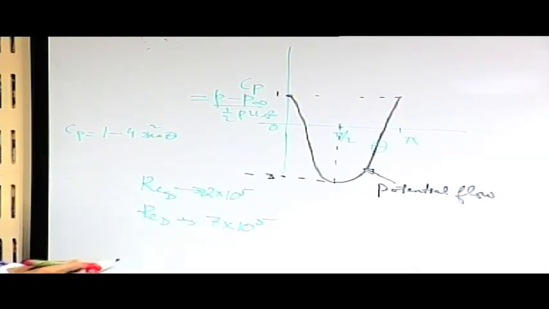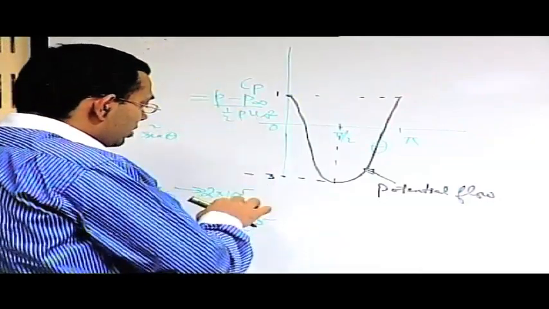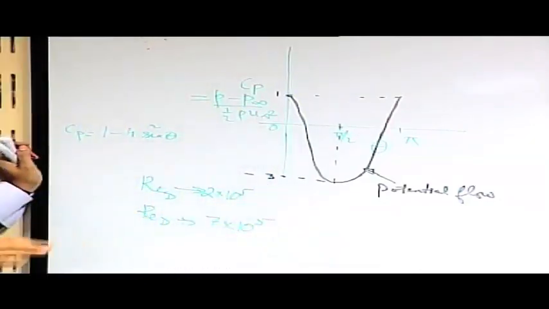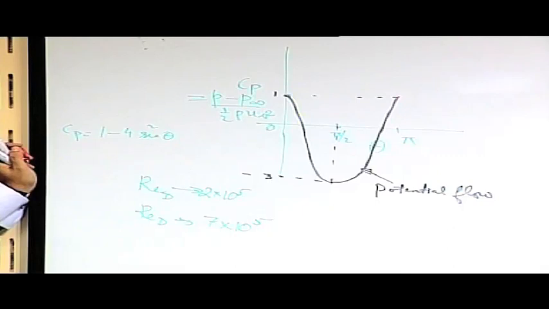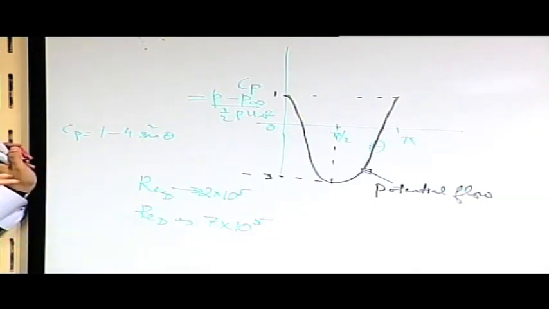So if it is a laminar case, let us try to make a plot of that. If you compare these two, in which case will there be an earlier boundary layer separation? In the first case, right, because the turbulent boundary layer has a greater momentum to sustain the adverse pressure gradient, so its separation will be delayed.